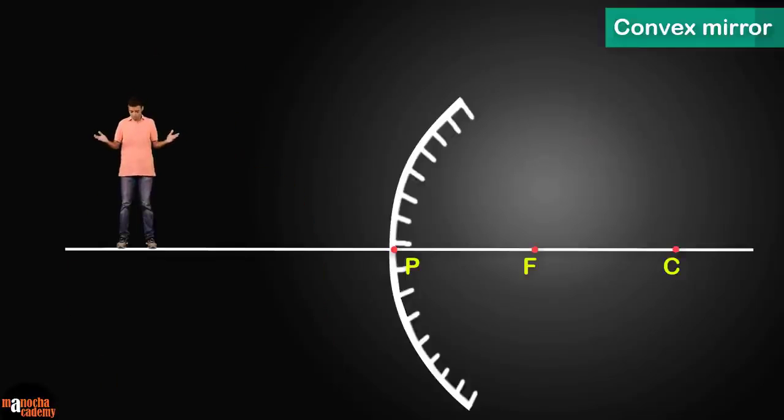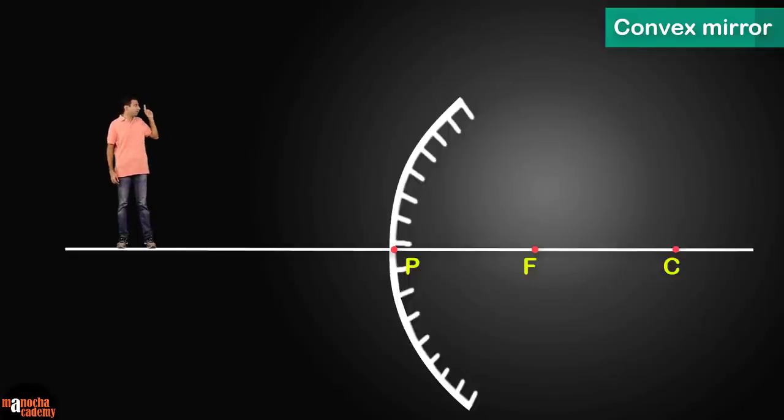Here I am on the principal axis at a certain distance from the convex mirror. Again, we need to take the light rays from the top of the object. So my head. Remember, we need to use 2 rules from the first 3 rules. So for the first ray, let's use Rule 1.